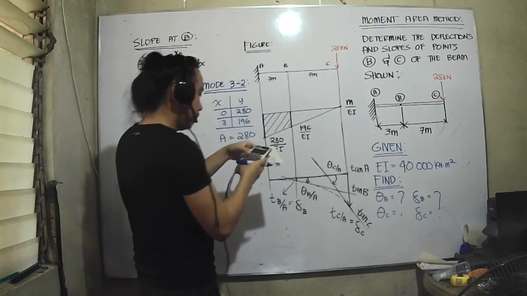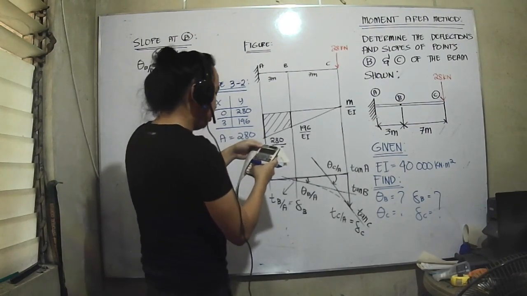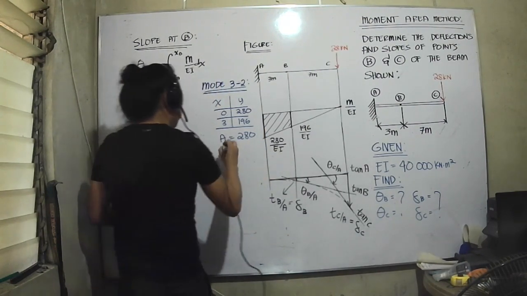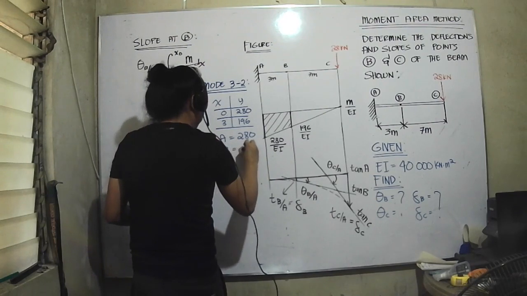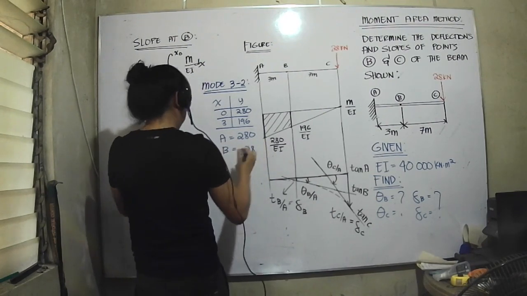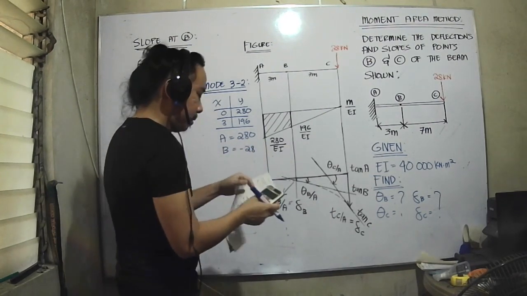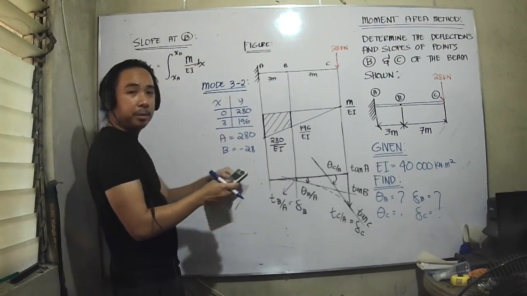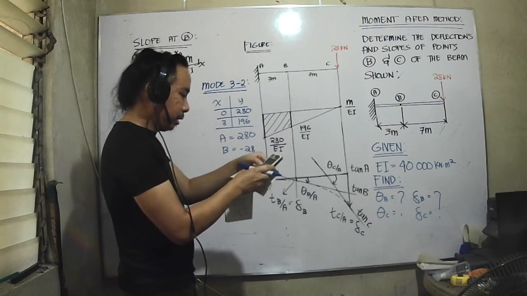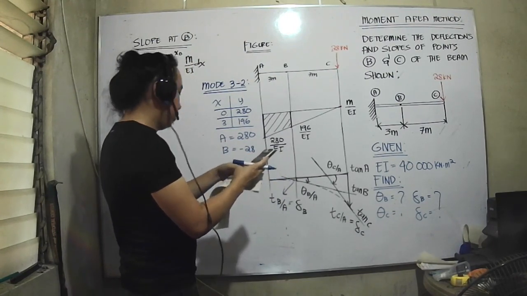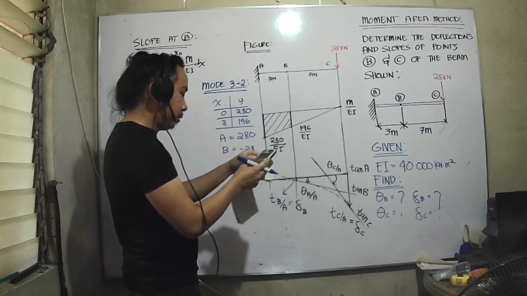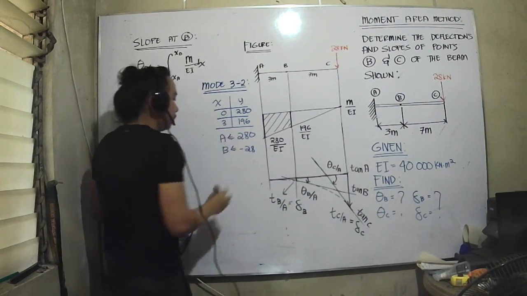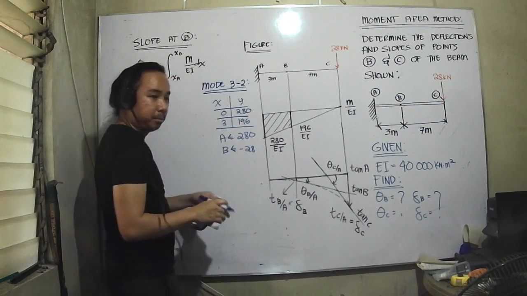Same process, shift 1, go to reg, and obtain B to be equal to negative 28. Then I store 280 in A and negative 28 in B.